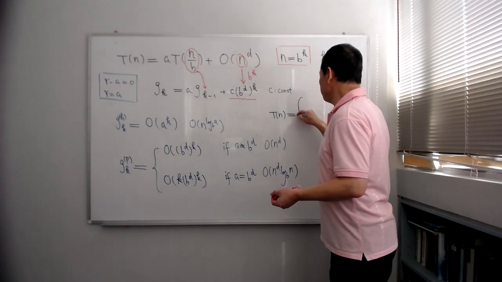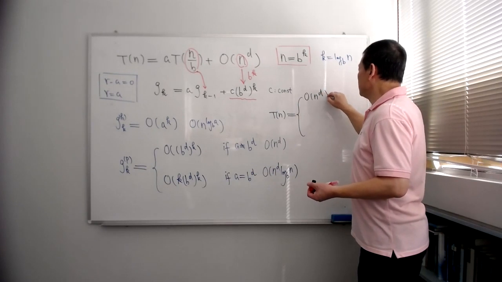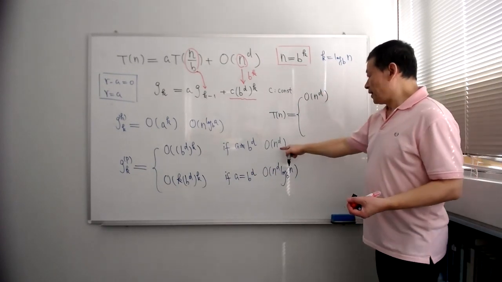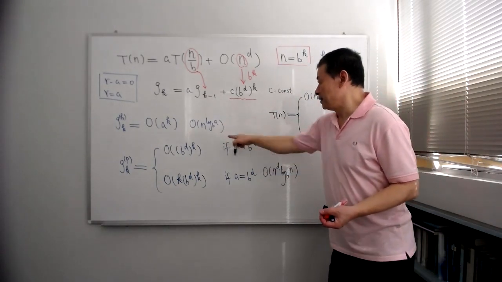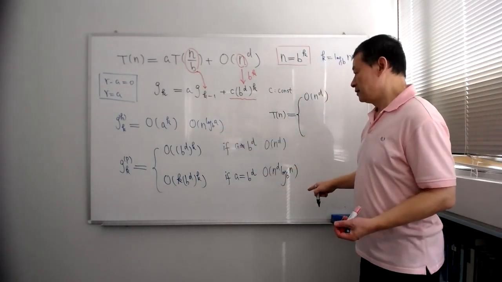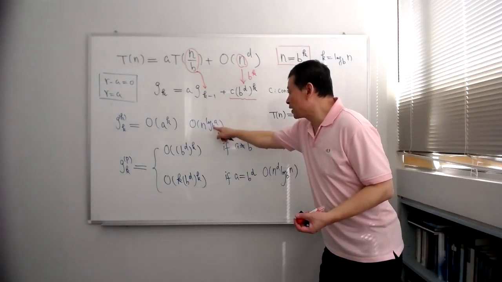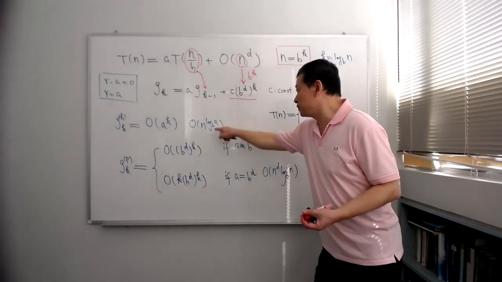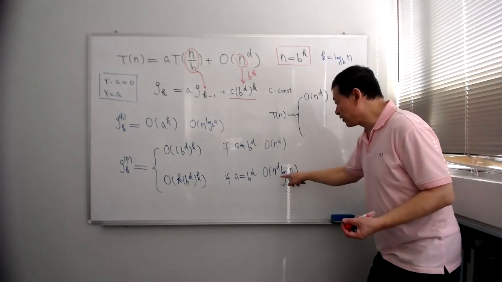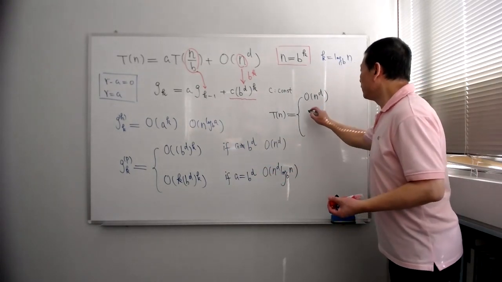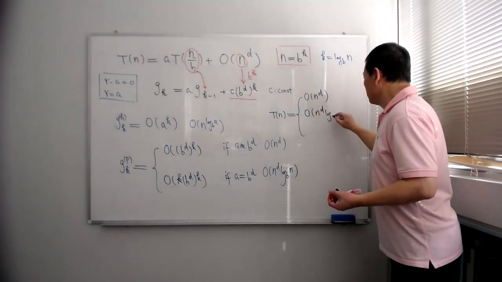either order of n to the power d, where this one dominates, or this one dominates. When we compare these two, of course this one is larger than that one. Remember here d equals log base b of a in this case, so the exponent is exactly d. But here there's a factor of logarithm, so this one dominates: n to the power d times log n.